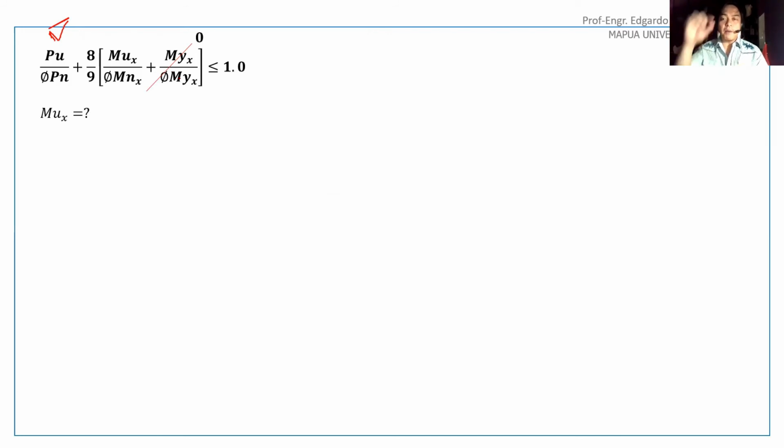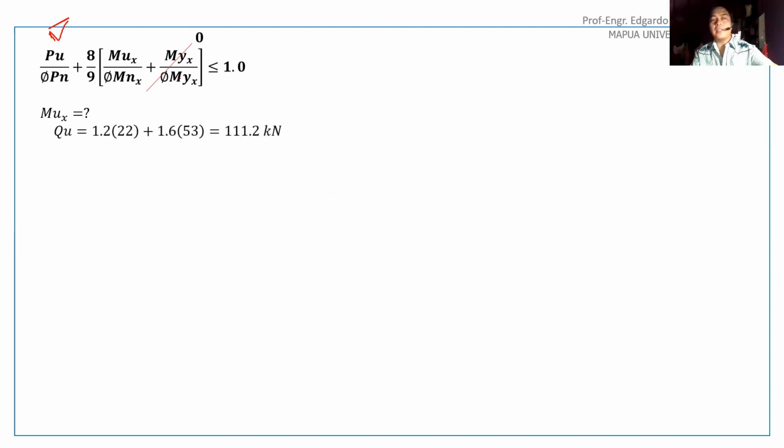As you can see, there is a hinge at the bottom and a hinge at the top. So you consider it as a beam, if you look at it lying down, like a simple beam with a concentrated load at midspan. That concentrated load at midspan is the Q load. So what is the maximum moment for a simple beam with a concentrated load at the midspan? That is PL over 4.